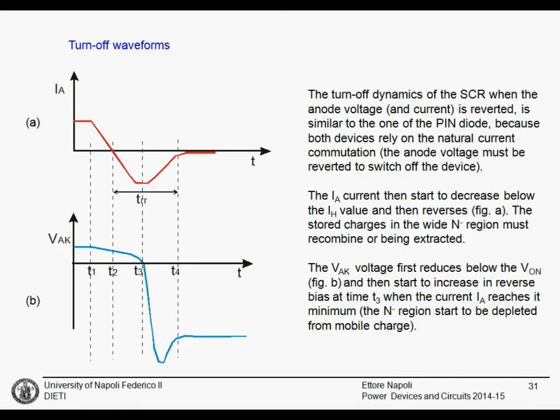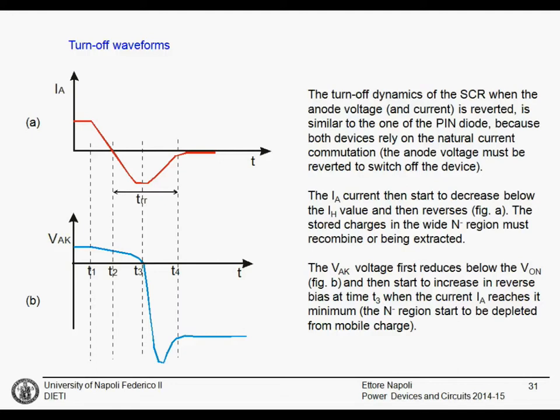But if the shorts are here, a portion of this current will be short-circuited through this P plus contact. These shorts will collect some of the displacement current and will reduce the possibility of the transistor to be turned on due to an increase of the anode voltage.